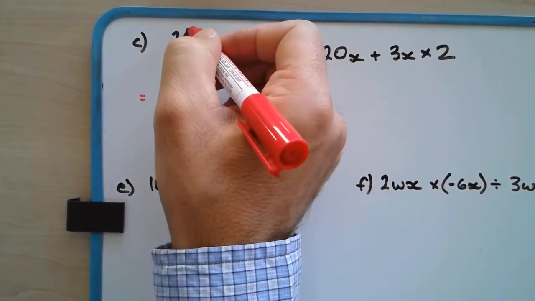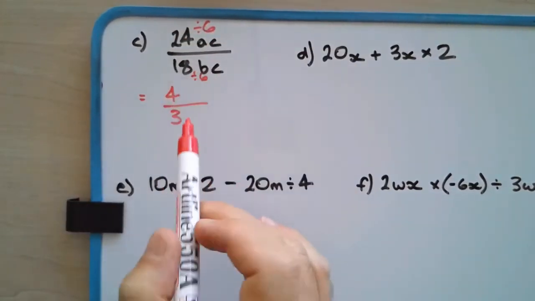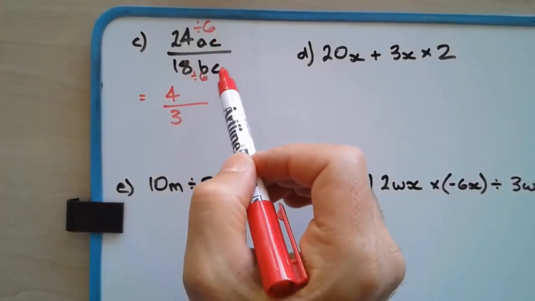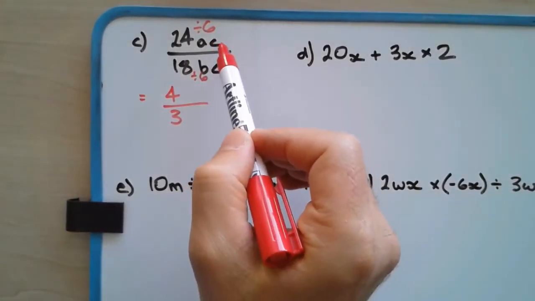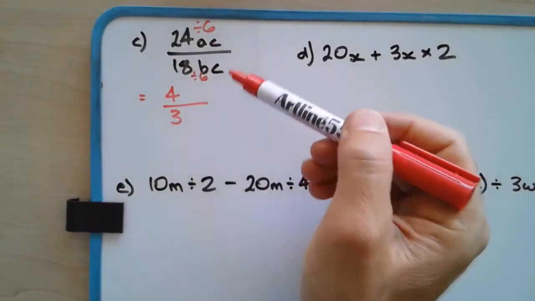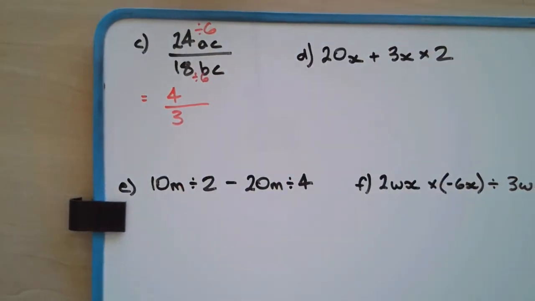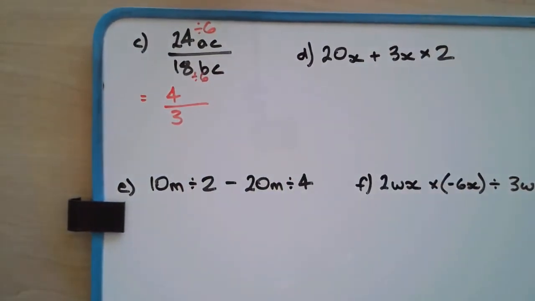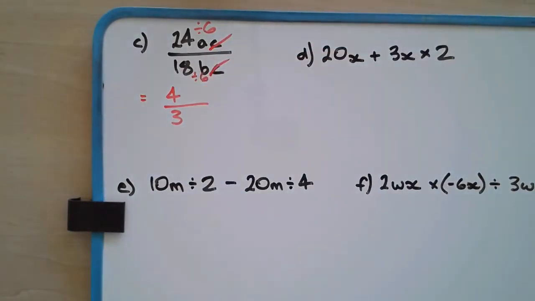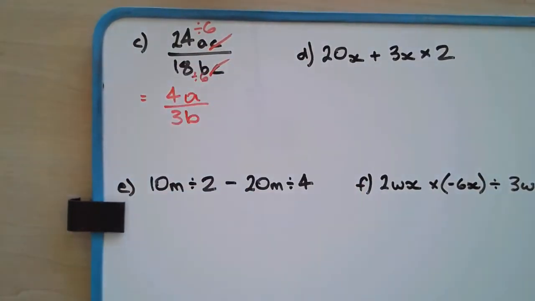If you divide the 24 by 6 and you divide the 18 by 6, you get 4 over 3. Now look for matching pronumerals, numerator, denominator. We can see that there's the variable c in the numerator and the variable c in the denominator. Sometimes I use the word variable and pronumeral interchangeably. Basically, in this video, it means the same thing. We can cross the c's off and we're left with an a in the numerator and a b in the denominator.